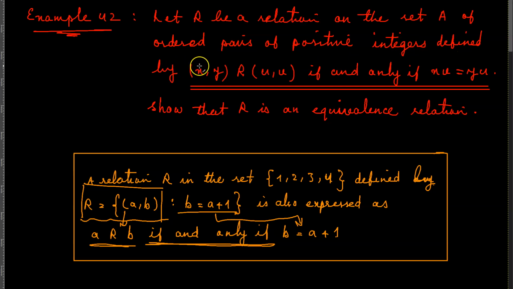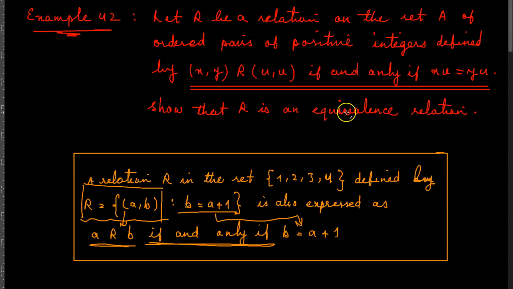And this relation is defined by (x, y) R (u, v) if and only if x times v is equal to y times u, meaning that if the product of this first element and the second element here is the same thing as the product of the second element here and the first element here, in that case the relationship exists between two ordered pairs from the set A, right? So it's pretty simple. That way we can understand it.